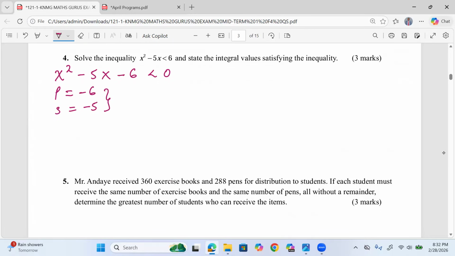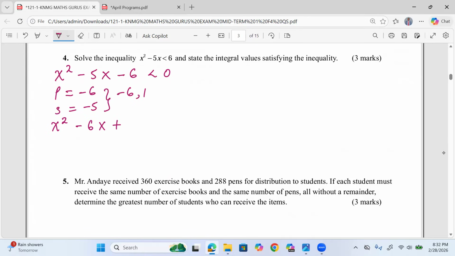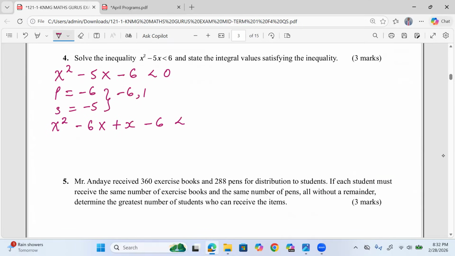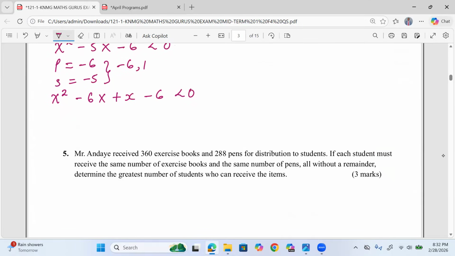What if we talk about -6 and a +1? Product shall be -6 and sum shall be -5. So x power 2 minus 5x, instead of -5, we are now substituting with -6x and a +1x like that, then -6 less than 0.